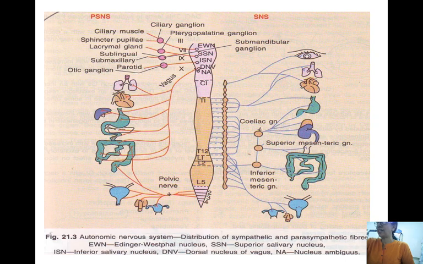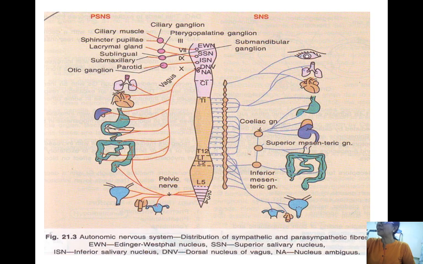After leaving the spinal cord through the sympathetic ganglion, T5 to L2 fibers go towards the celiac ganglion, superior mesenteric ganglion and inferior mesenteric ganglion. These are the preganglionic fibers of the sympathetic nervous system.